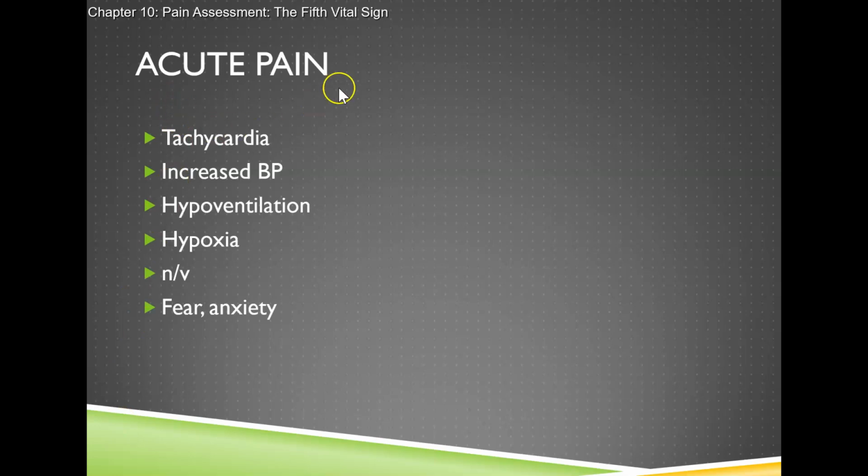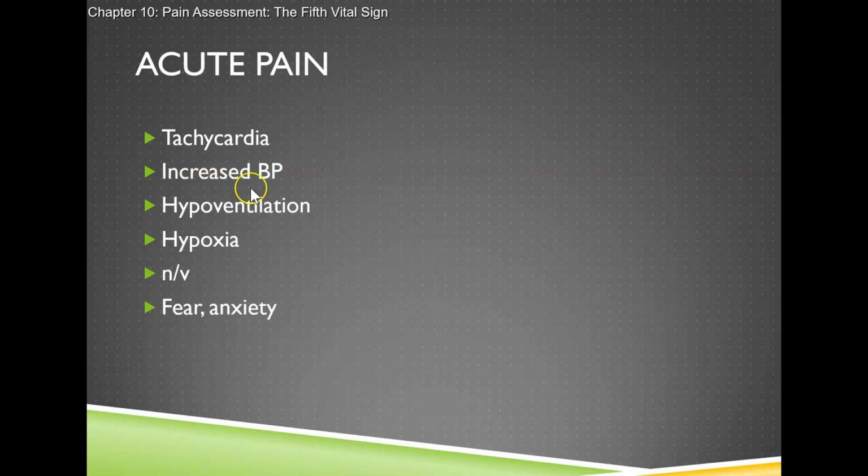So when a person has acute pain, you guys, these are the types of things that go on with them. Acute pain is that initial pain that usually hurts more, but it goes away. Okay, remember I said no longer than 6 months. They have tachycardia. Tachycardia means that their heart rate or pulse rate goes up above that range of 60 to 90.